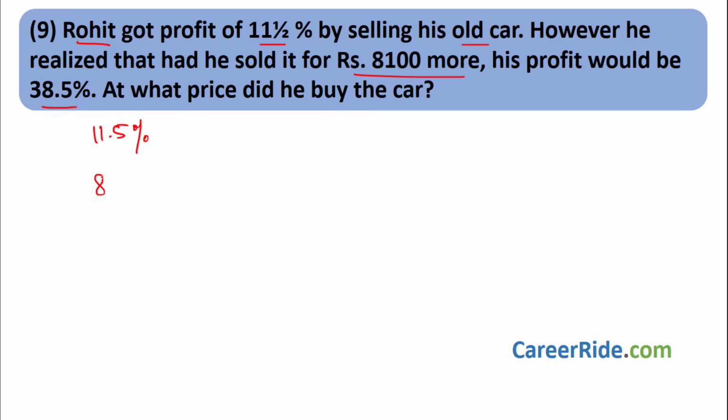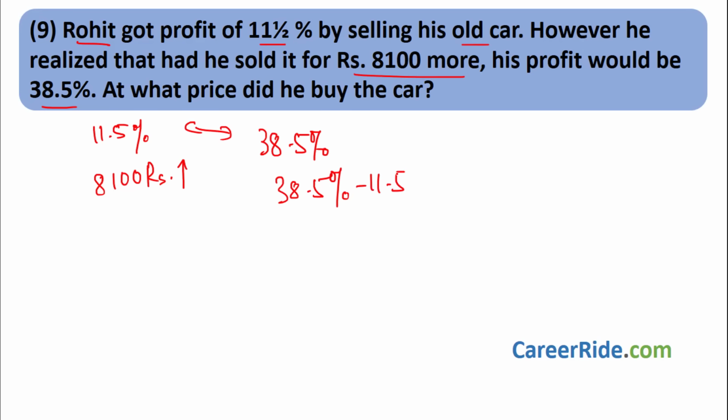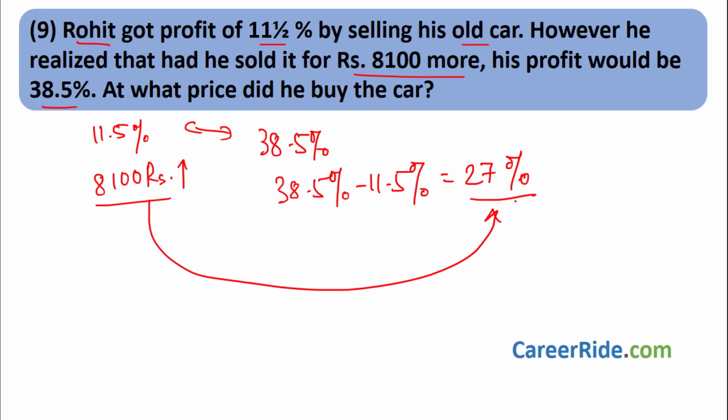If he sold for 8,100 rupees more, the profit would be 38.5%. What is the difference between these? This is 38.5% minus 11.5%, that would be equal to 27%. That means if he sold his car for 8,100 rupees more, the profit which he receives is 27% more, right?